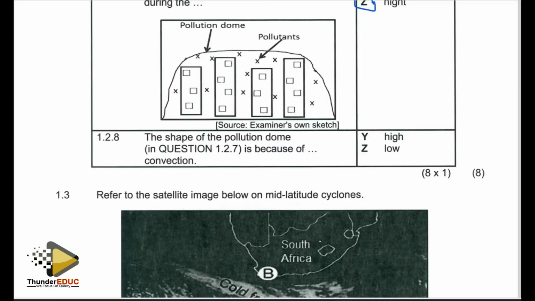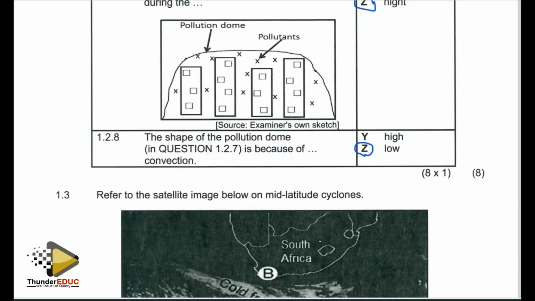There are no convections like what has been discussed earlier. When you have convection, the pollution dome is raised and the pollutants are dispersed up into the upper atmosphere. But when there is low convection, it means the pollutants will become concentrated and the pollution dome will be lowered down. So it means that's low convection for that response.